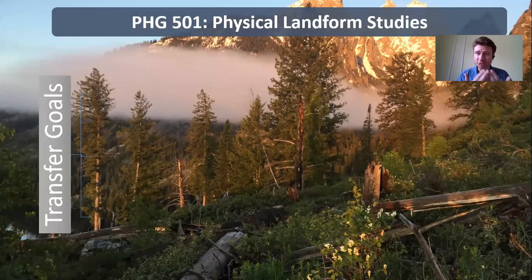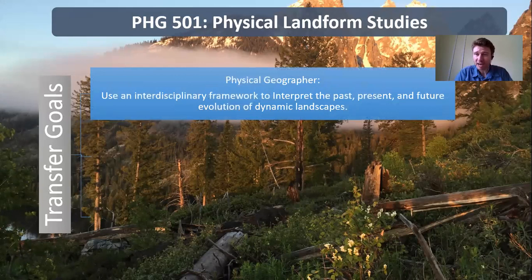My transfer goals, again, what I want you to be able to do 10 years after this course, is to be a practicing physical geographer, right? Use an interdisciplinary framework to interpret the past, present, and future evolution of dynamic landscapes and landforms.